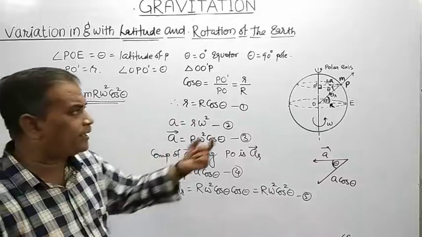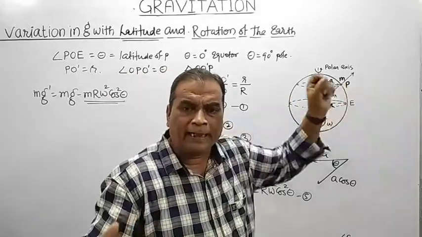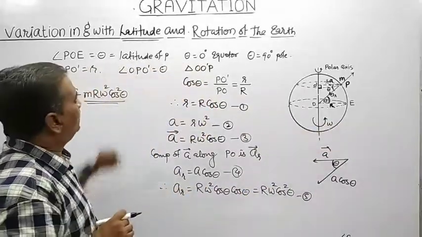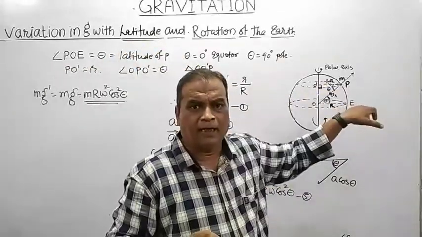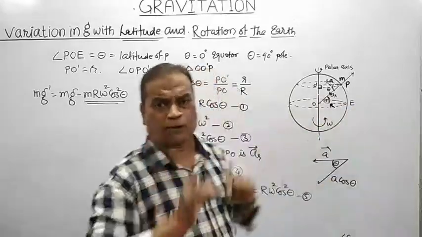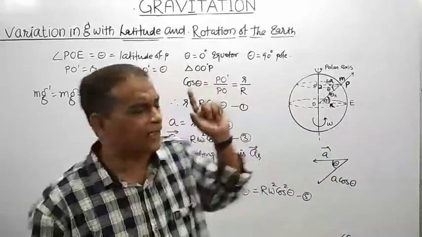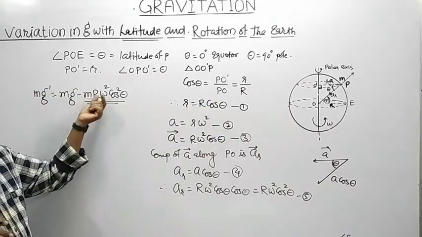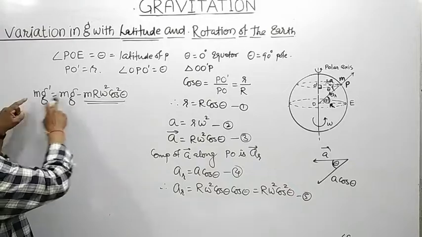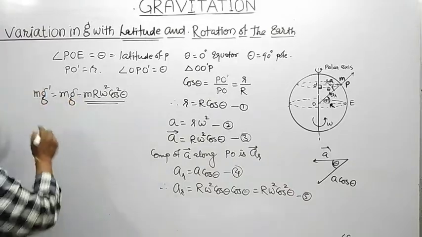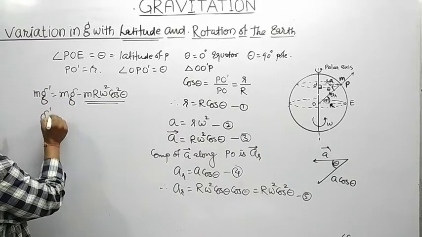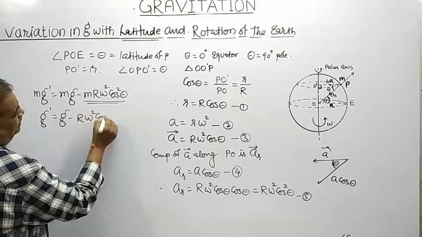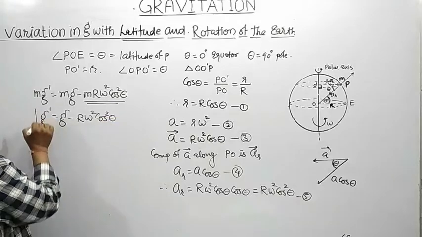So the net gravitational force at any point on the surface of earth at latitude theta, due to rotation, is reduced by this amount, m R omega square cos square theta. So I can cancel m on both sides. So we will have g dash is equal to g minus R omega square cos square theta.